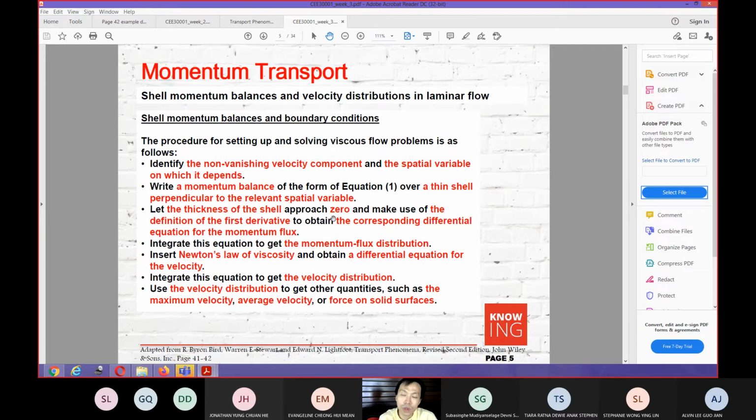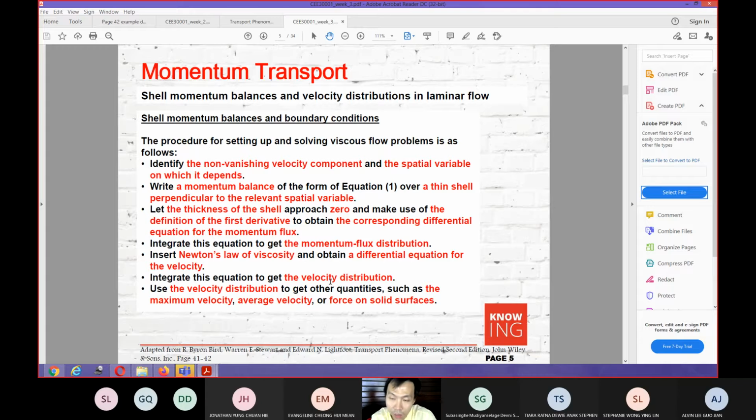Then, as I showed you in the previous example, we let the thickness of the shell approach 0, and we use the definition of the first derivative to obtain the corresponding differential equation for the momentum flux. Once we integrate, we will have the momentum flux distribution, and then we insert Newton's law of viscosity to obtain the differential equation for the velocity.